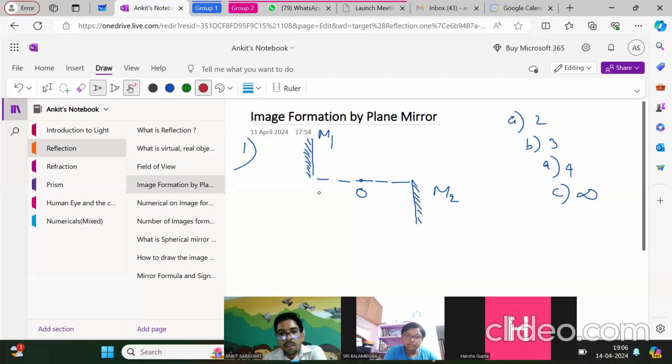For this mirror, if this object is at a distance L, then with respect to this mirror 1, image will be here, I1. Clear? Like this. Sir, option B, 3, sir. Let me check. With respect to mirror 2, this one more image will be formed, I2.